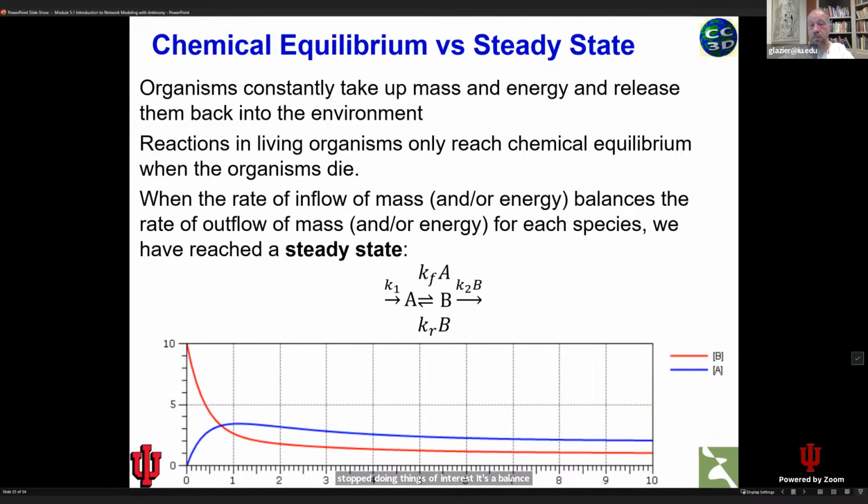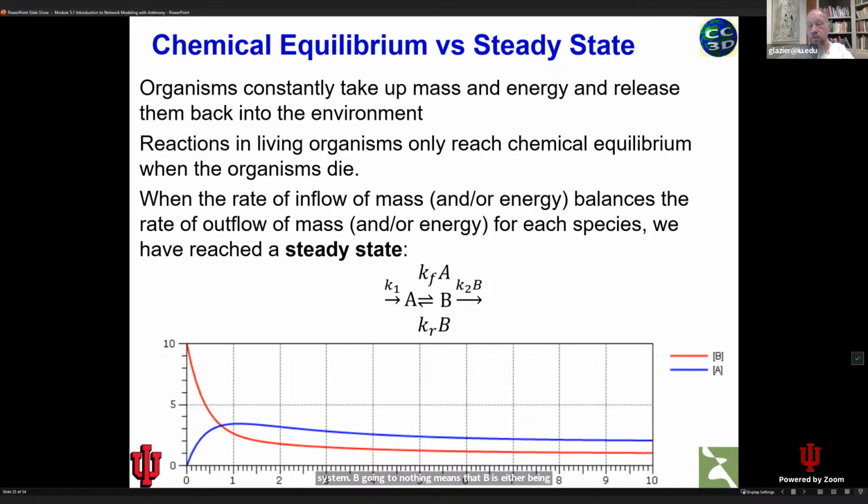You'll see these arrows with nothing on one end or the other. An input arrow, like the one on the left here, source K1 going to A, means there's a constant supply of A coming into our system. B going to nothing means that B is either being taken out of the system or being broken down.